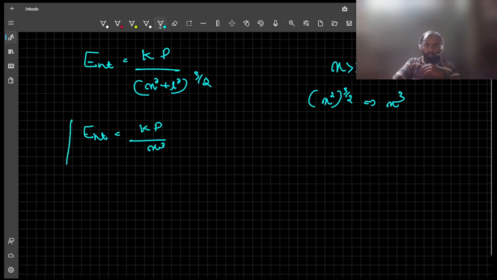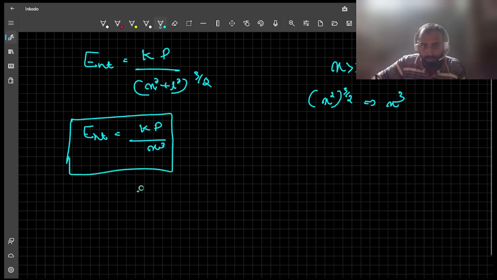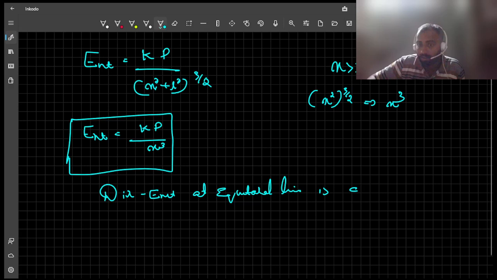This is the net electric field in the equatorial line. And the direction of E net at the equatorial line is opposite to P, the dipole moment P. I hope up to this it is clear.